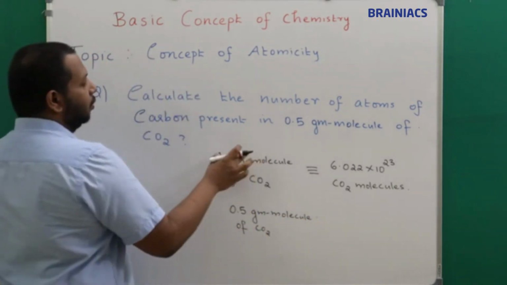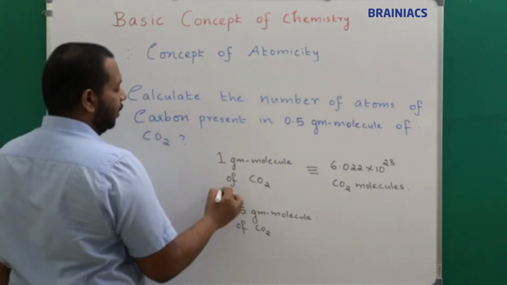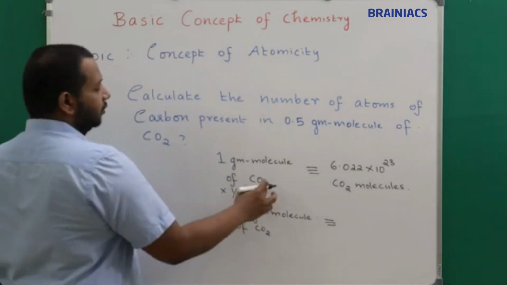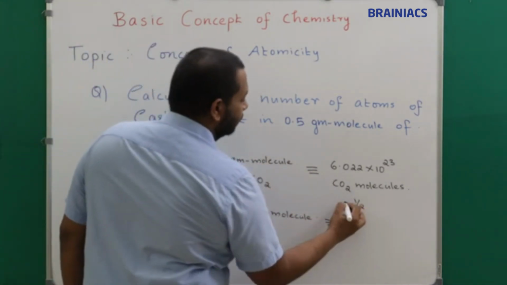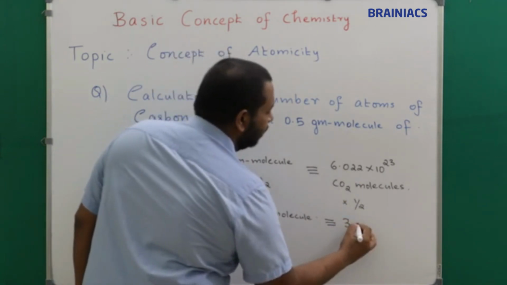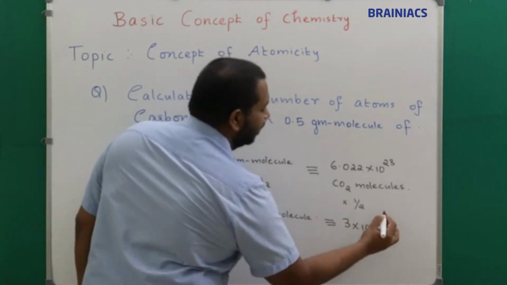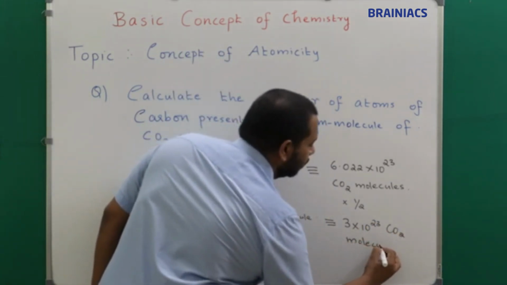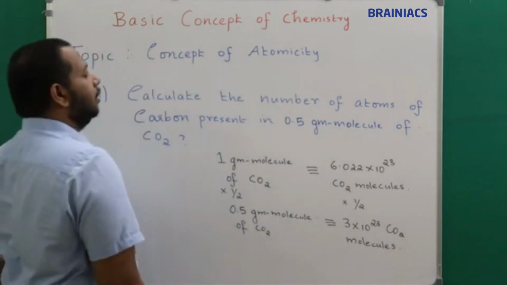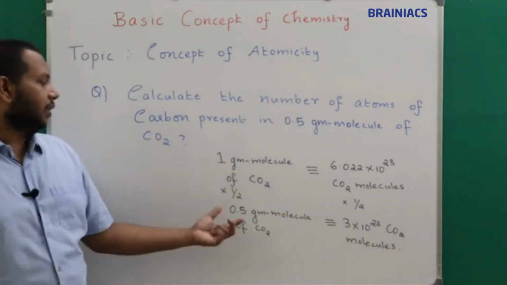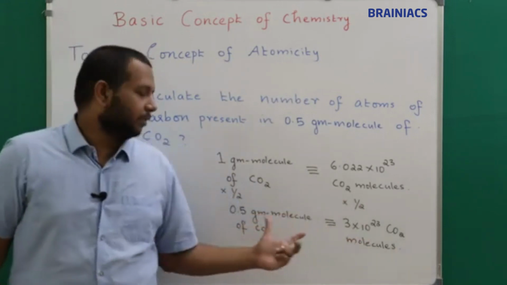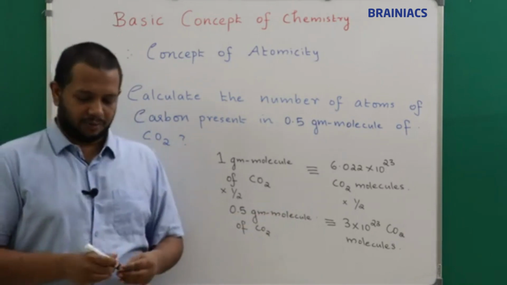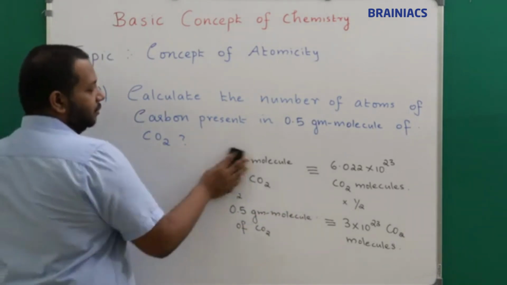So tell me, how can you convert 1 to 0.5? Multiplying by half. So do the same thing on the RHS, multiplying by half. So this will become 3 into 10 power 23 CO2 molecules. So I have now calculated the number of molecules present in 0.5 gram molecule of carbon dioxide. Okay, so this we will rub.